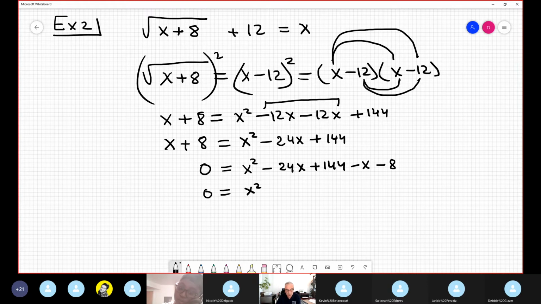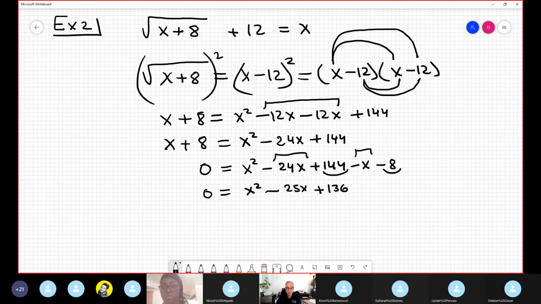X squared. One more time, we combine like terms. This and this are like terms, 25x. And this and this are also the numerical part. We combine them, but why not? There is no reason to have 2 numbers separate. You condense to only 1 number, get 136 by subtraction.